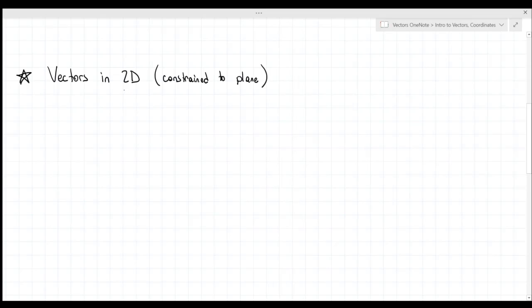So being in 2 dimensions means that we're no longer constrained to be on just a single line, but we are constrained to be within a plane. Okay, so I drew a bunch of examples of vectors earlier. Let me draw a couple more.